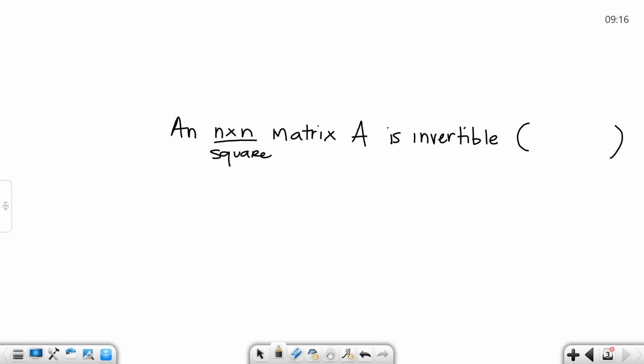Okay. Rule number one. An n by n matrix A is invertible, which means non-singular. That's a definition I'll ask you a whole lot.